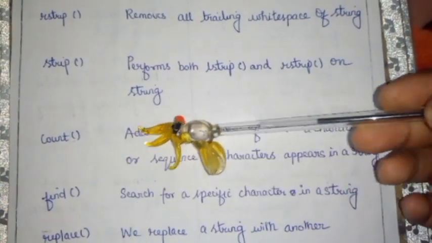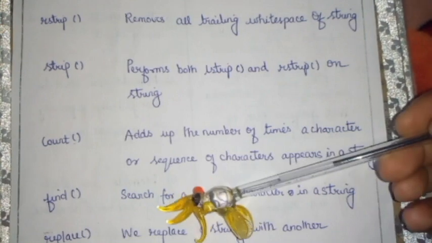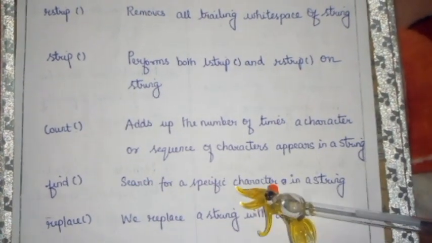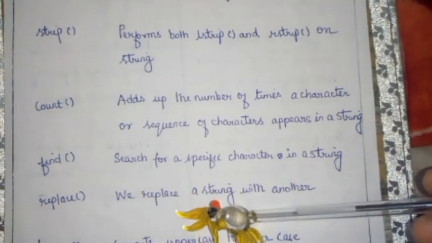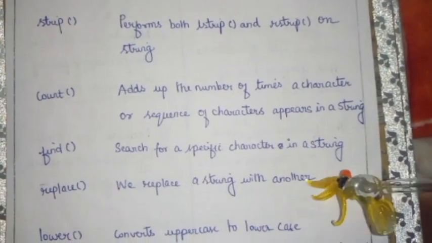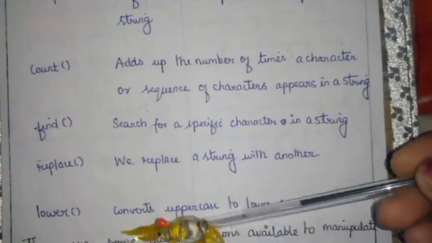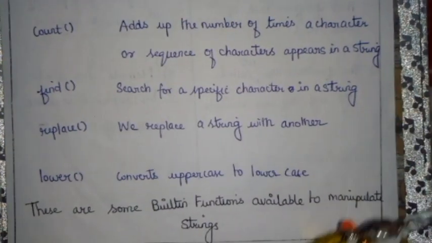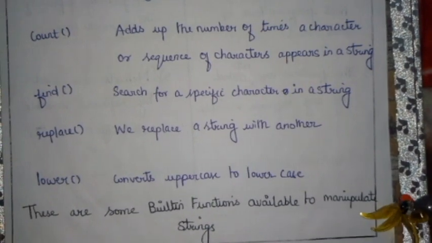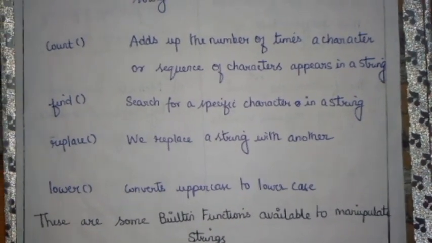And next is find. The find function is used for searching a specific character of a string, and the replace function is used for replacing a string with another string. And the lower, as usual, converts uppercase to lowercase. So these are some of the built-in functions available to manipulate the strings.